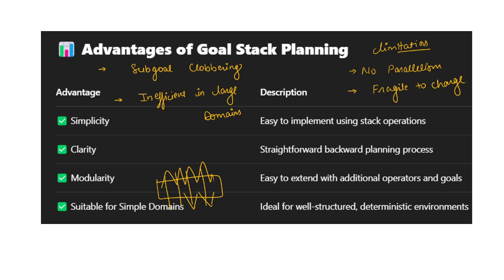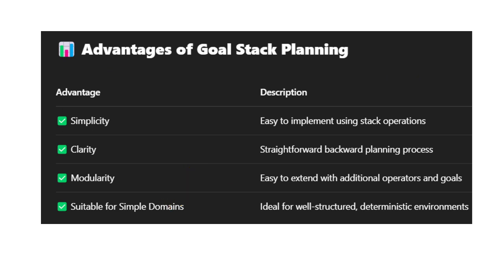Right, everyone? Now, before ending the session, we will definitely compare its features with partial order planning. So basically, goal stack planning is a linear order and partial order planning is in partial order, that is non-linear order. The goal stack algorithm is a backward method and partial order planning is usually backward, but not always backward.